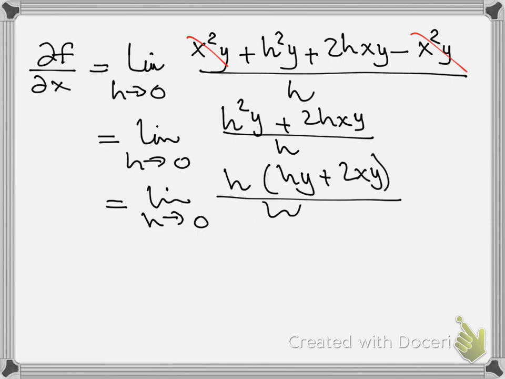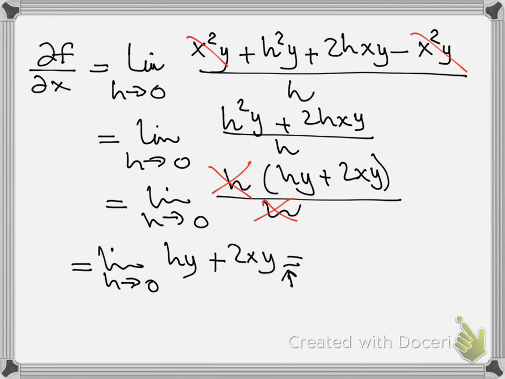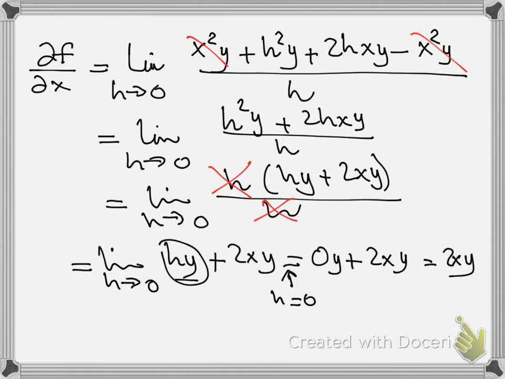Then the h cancels out, so that will be equal to the limit as h goes to 0 of hy plus 2xy. Now just replace h by 0, so it's 0 times y plus 2xy, so it's equal to 2xy. So we see then partial f partial x is 2xy.